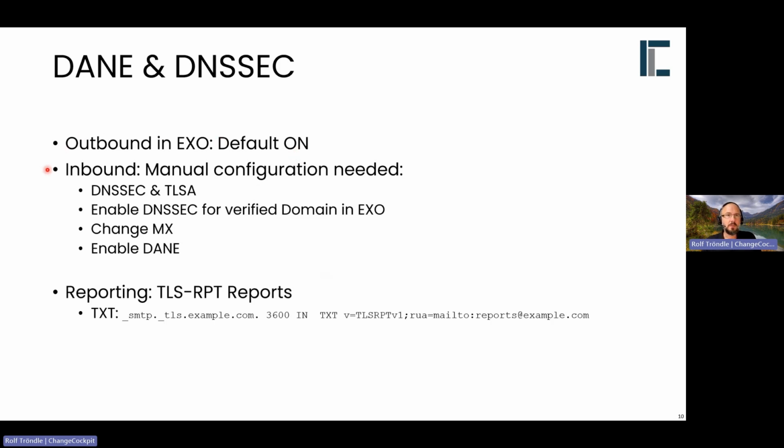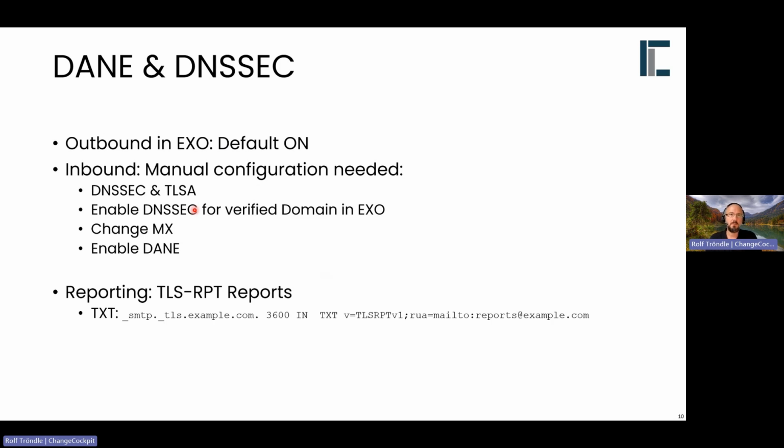For inbound, meaning when you want to receive DANE secured TLS connections to Exchange Online, it needs manual configuration. So you would need, as mentioned, DNSSEC in your DNS provider and a TLSA resource record. Then afterwards, you need to enable DNSSEC for the verified domain in Exchange Online.